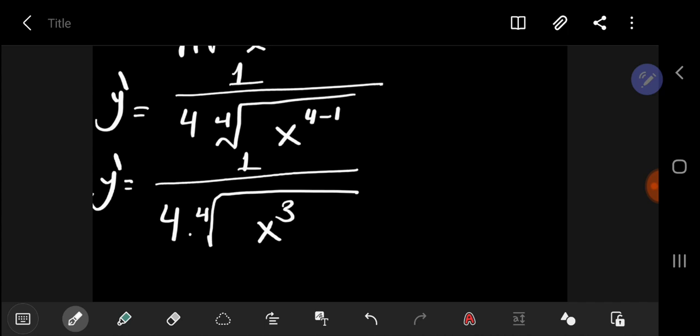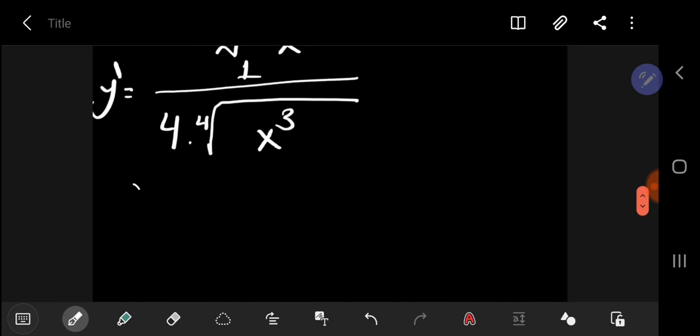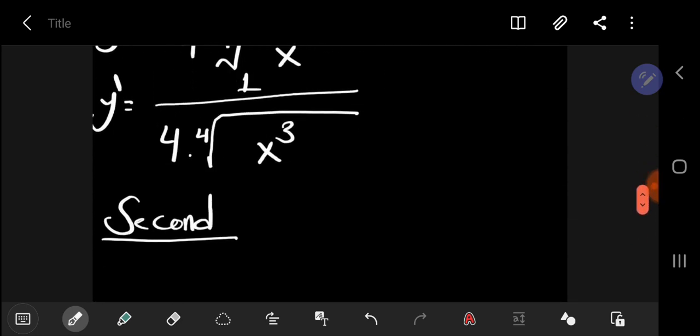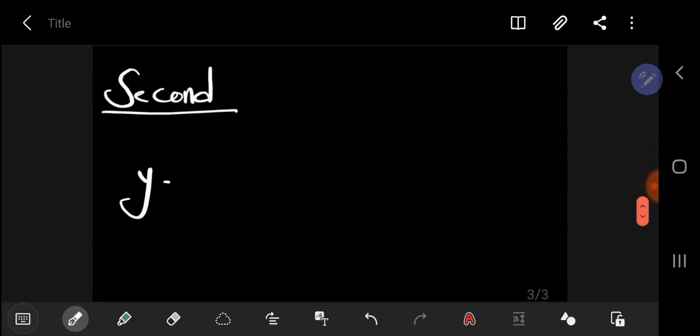Also, we have a second way to solve functions like these. Second way, I put the same function.